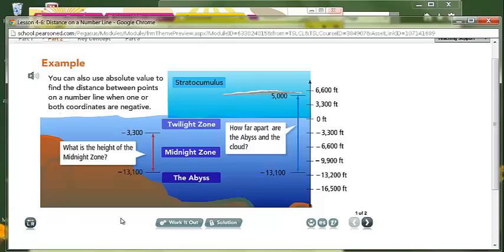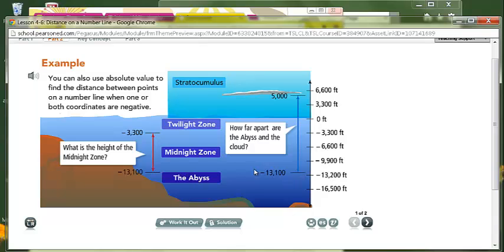Okay, so they're asking us to find the difference between the abyss and the cloud. So we need to write an equation for that. Let's listen to what they wanted us to do again. How far apart are the abyss and the cloud?